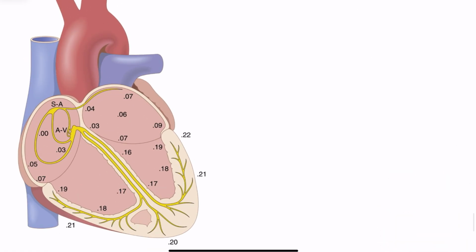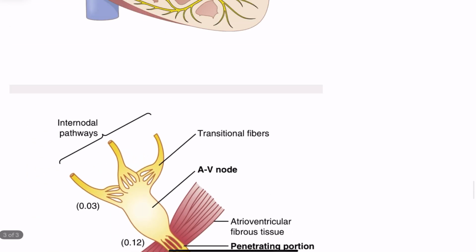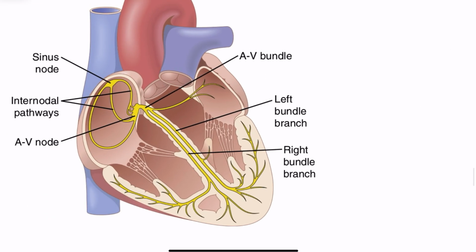We can clearly see that the Bachmann bundle originates from around the SA node, not the AV node. It is a little mistake here. Let's correct this. It should actually be like this. So this is the Bachmann bundle.